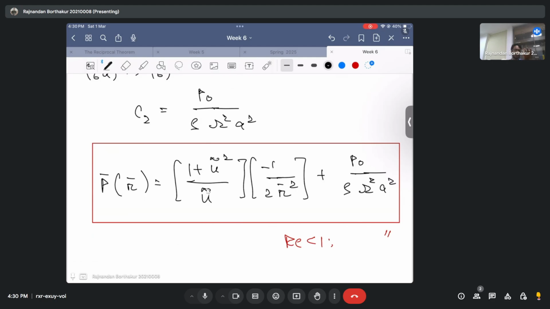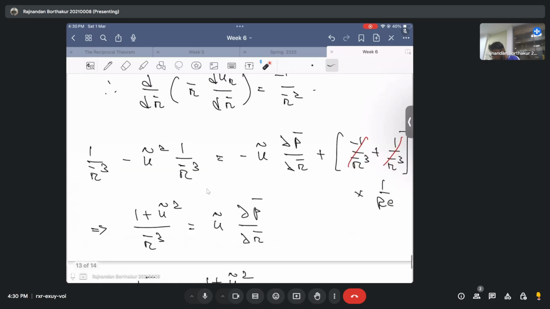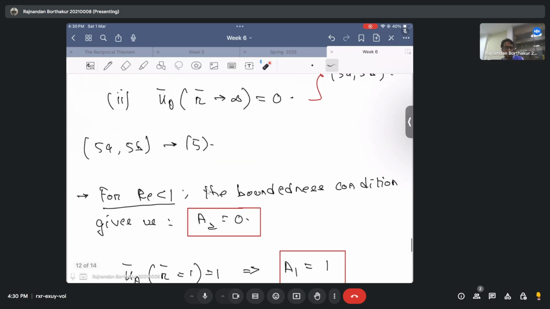But beyond Reynolds number 2, even if you take circulation as a boundary condition, it is not sufficient to give you an analytical solution. Anyway, for Reynolds number less than 1, we have determined uniquely what my pressure and velocity fields are, and all the other pertinent things that we were asked.